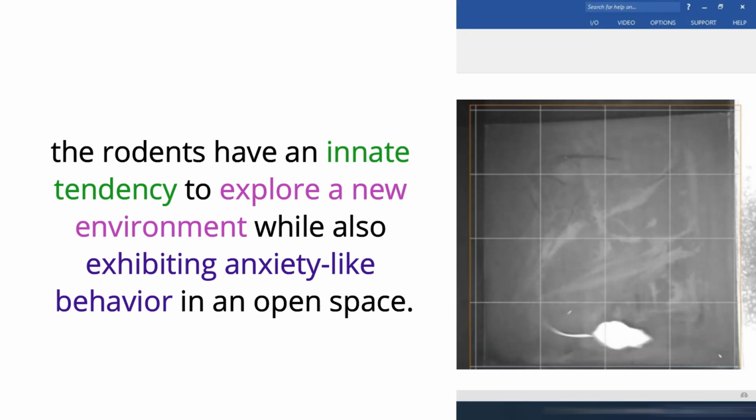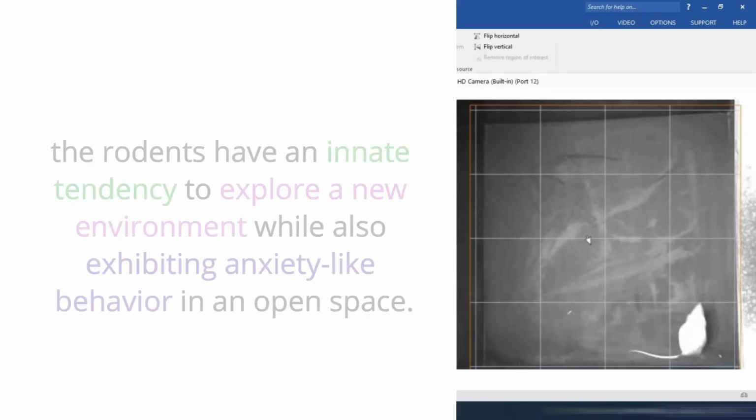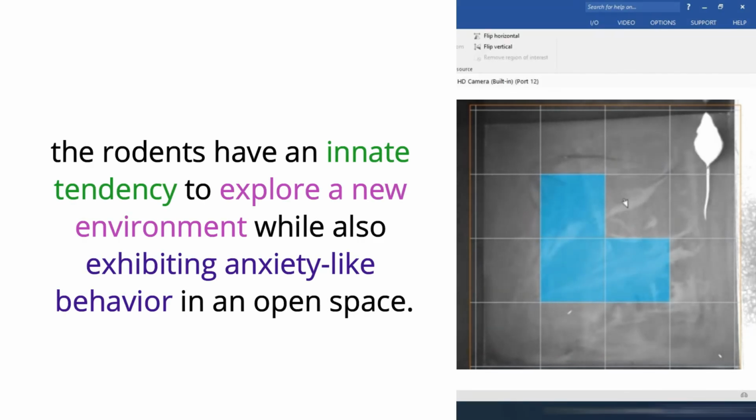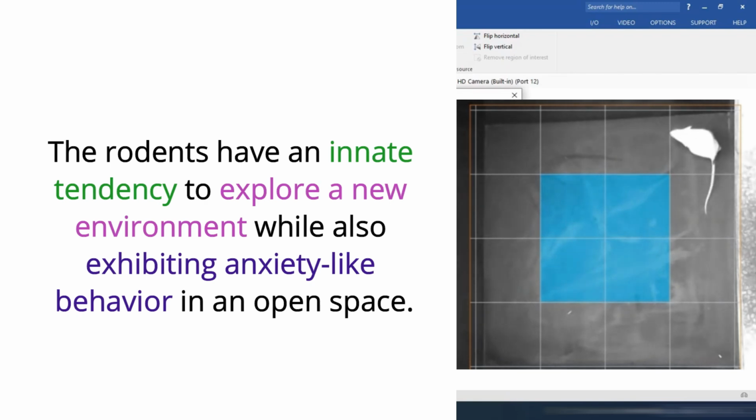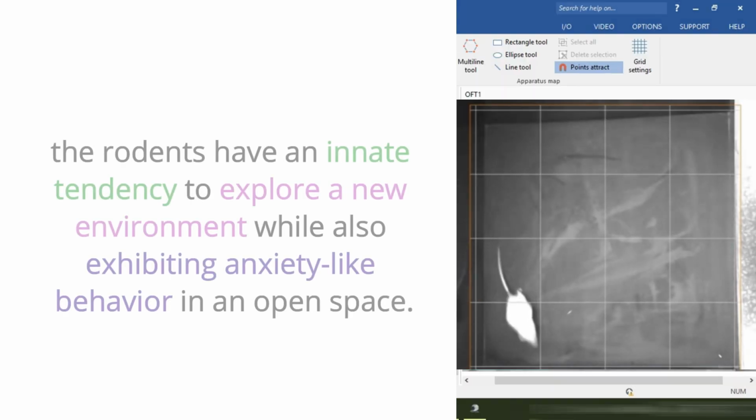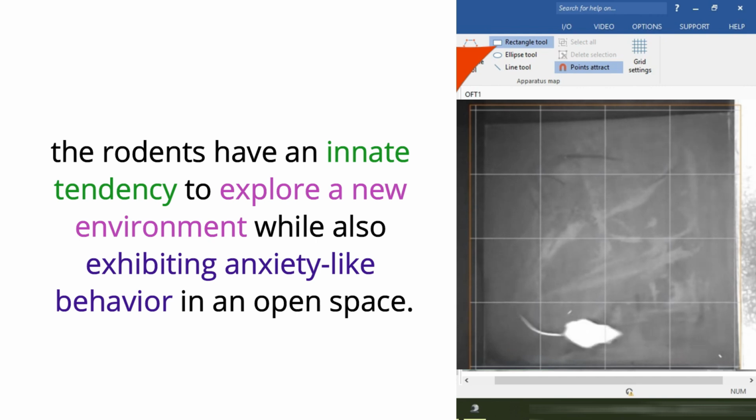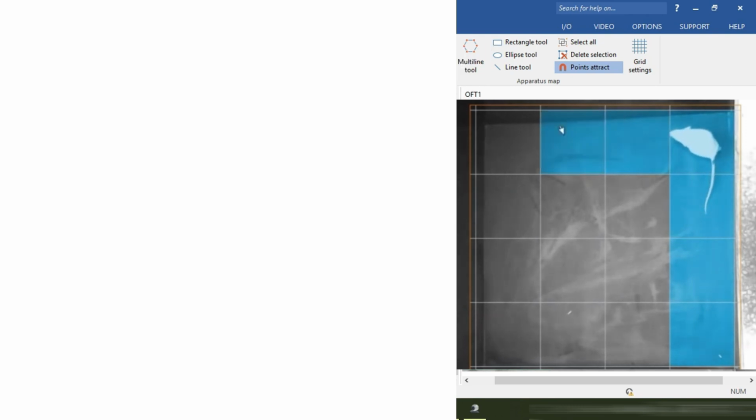The open field apparatus works on the principle that rodents have an innate tendency to explore a new environment while also exhibiting anxiety-like behavior in an open space. So it has two tendencies from its birth.